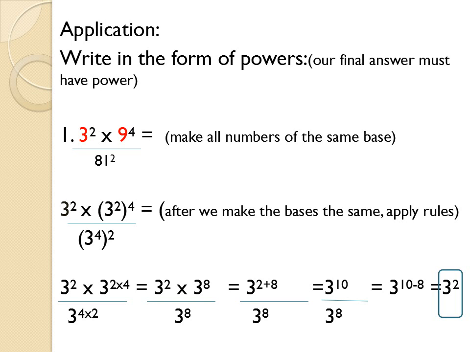After adding the powers, as a last step we have a fraction, and in the fraction we should subtract the powers. 3 power 10 minus 8 becomes 3 power 2. So did you see? My answer is carrying a power. As the question asks us to have an answer in the form of a power, we obtain the answer in the form of a power.